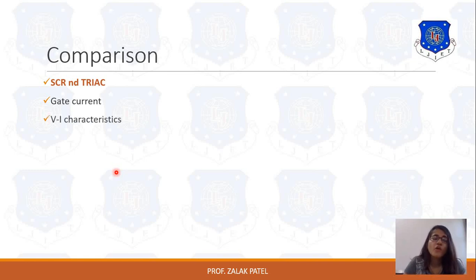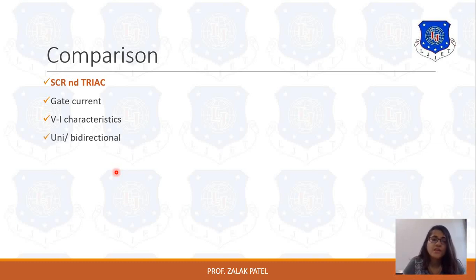Next is the VI characteristic. In case of SCR, the VI characteristic is only in one quadrant, the first quadrant, while TRIAC operates in both the first quadrant and third quadrant.